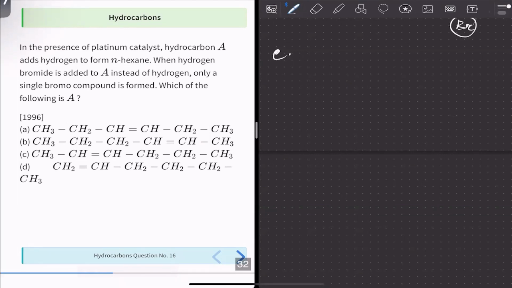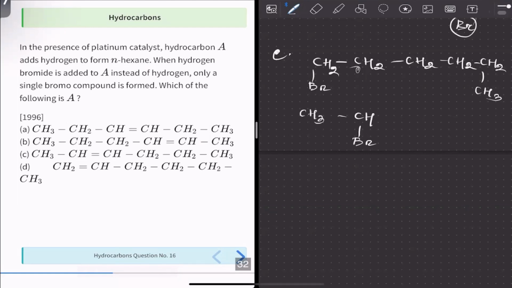For option D, if we hydrogenate it, it will produce n-hexane. But if we add HBr to it, it will produce CH2Br-CH2CH2CH2CH2CH3, or bromine can attach in this position also, producing CH3CHBrCH2CH2CH2CH3.